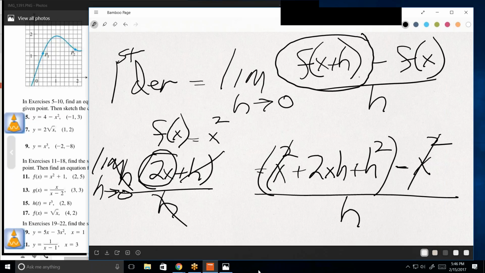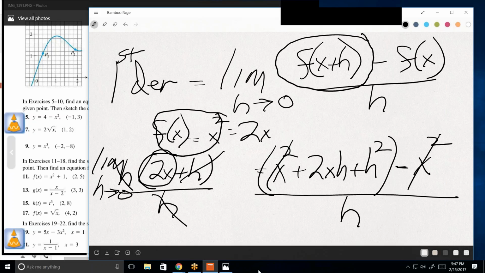So I use the full limit quotient definition. That's what this is called, the limit quotient definition, to come up with the derivative of this, whereas I could have done it real easy by just using the power rule and saying it's 2x. But it's nice to know the power rule so you can check your answers.